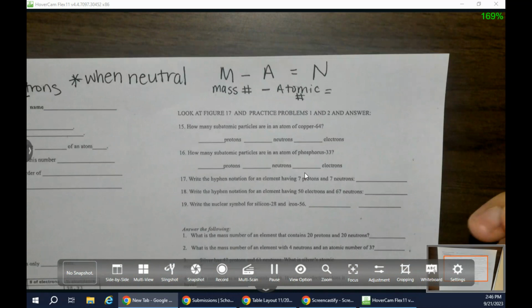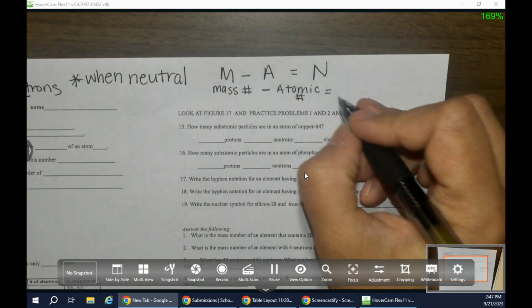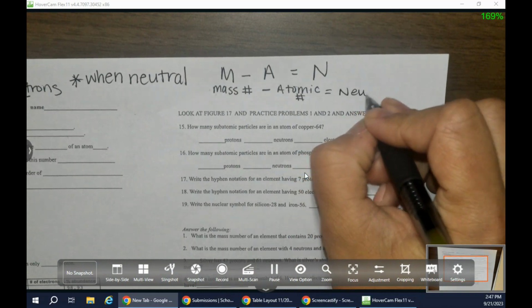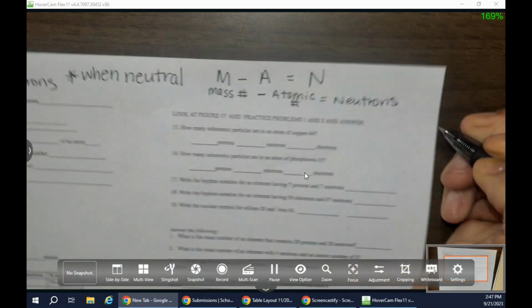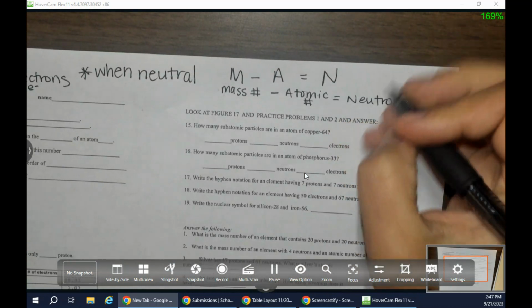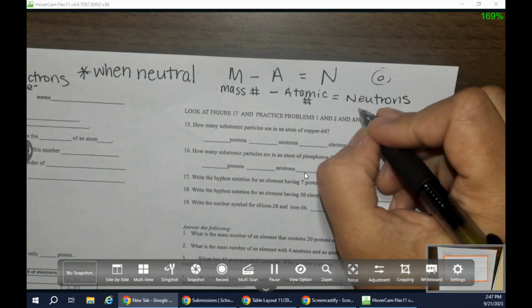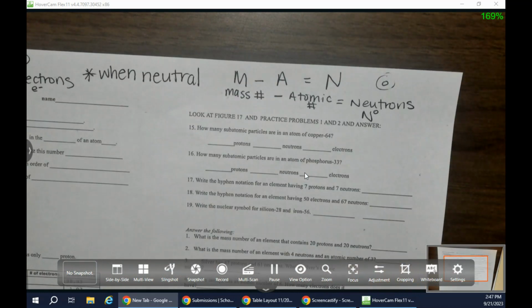What does N stand for? Neutrons. What do we know about neutrons? Do they have any charge? No, they're neutral, so I will put an N with a little 0.